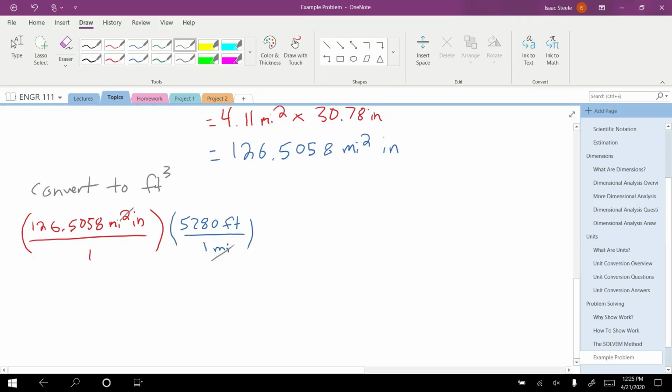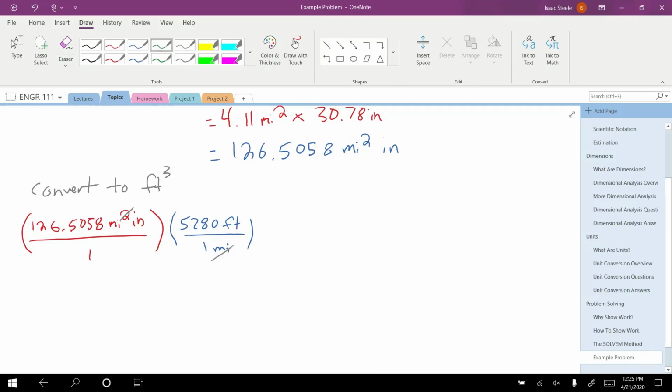I have miles squared, so after that happens, I am left with just mile. So now if I look at the units that are left, I have a mile, an inch, and a foot. I still have 3 dimensions of length here. It's still a volume, but instead of miles, miles, and inches, it's miles, inches, and feet. So I've converted one thing into feet so far.